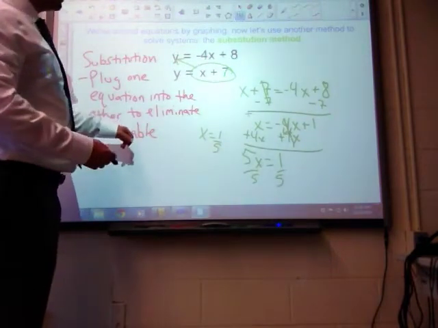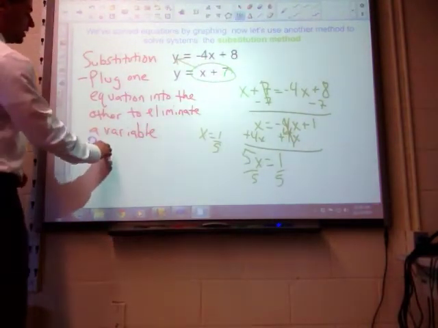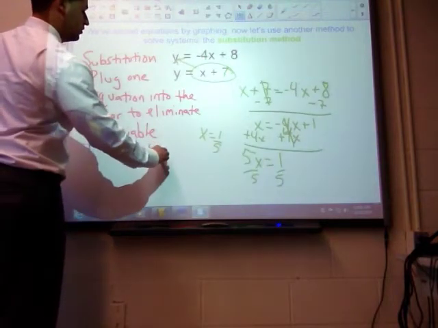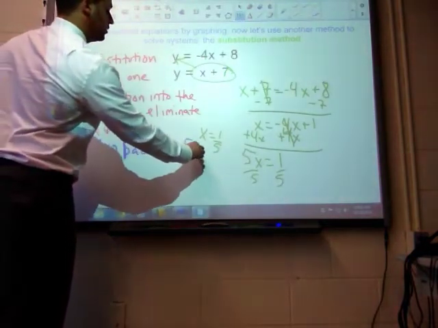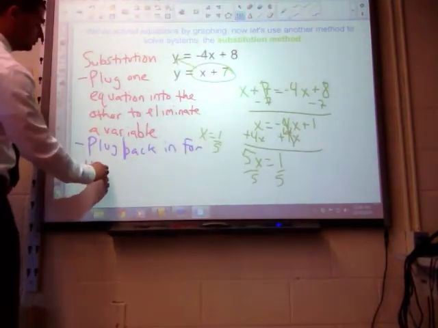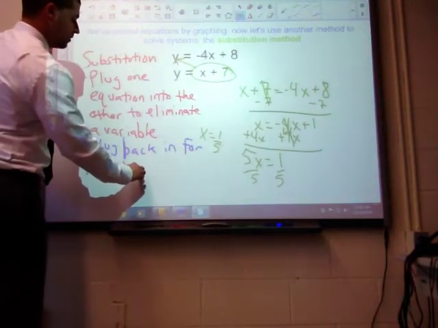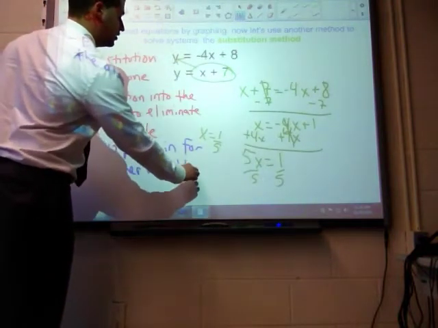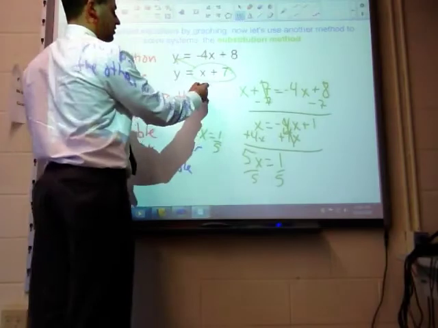Alright, so once we've eliminated that variable, we plug it back in to get the other variable. So we have x is 1/5. Let's plug it into this equation.